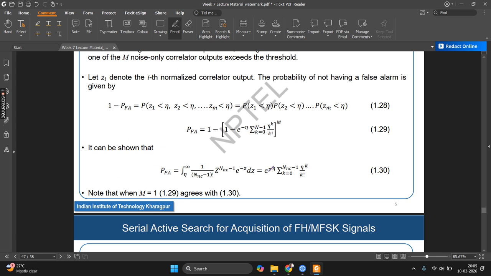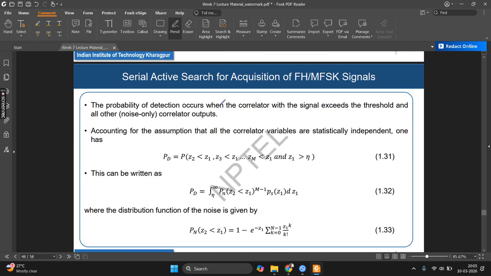And PFA is 1 minus that thing, because if one of them is greater than the threshold, you will get an alarm. So it can be shown that the false alarm probability is basically e to the power minus eta, this thing, summation up to Nc minus 1 of eta to the power k by k factorial.